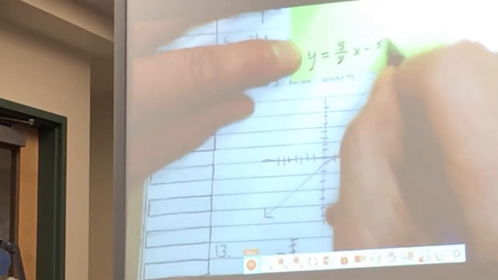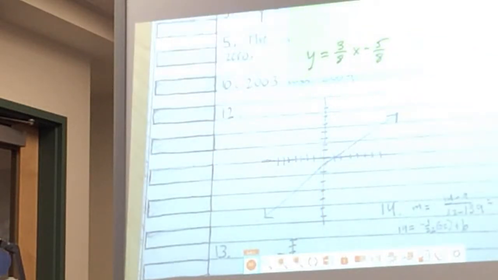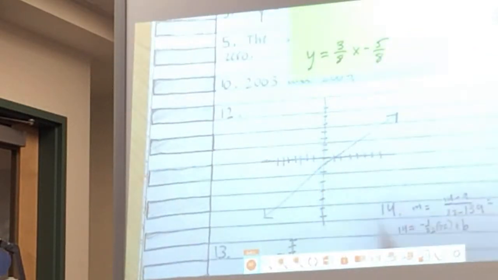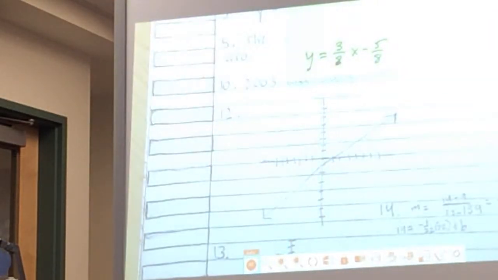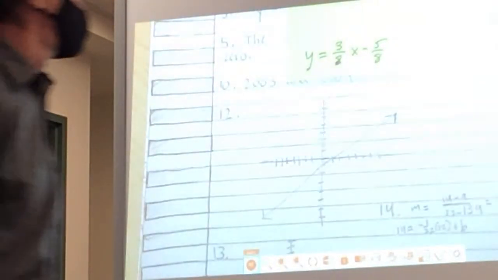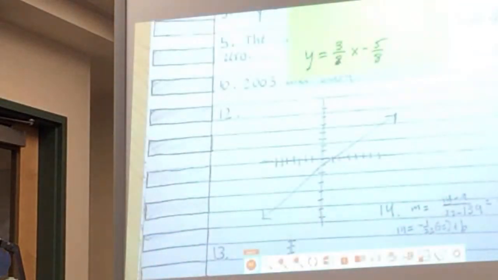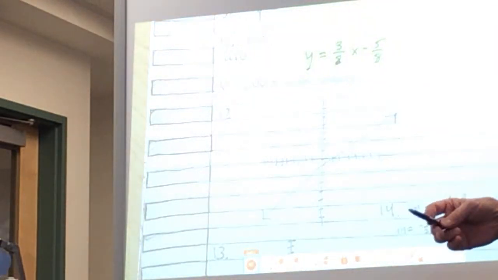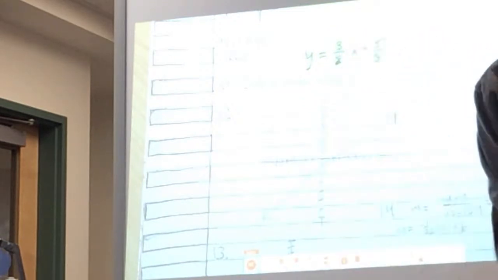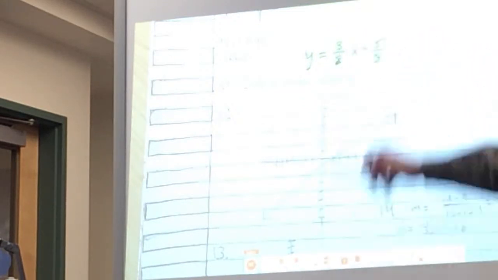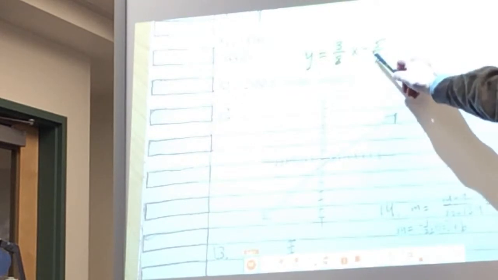So there's the equation. If you look at the equation there, what part of the equation should be the y-intercept? 5/8 or 3/8? 5/8. Is it positive or negative? Negative.